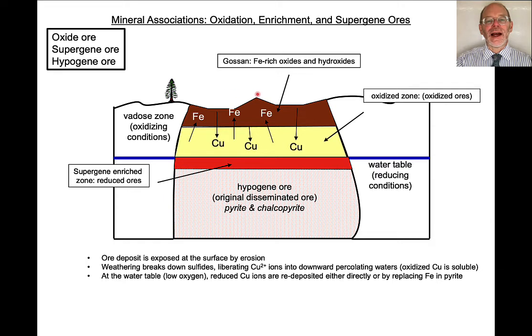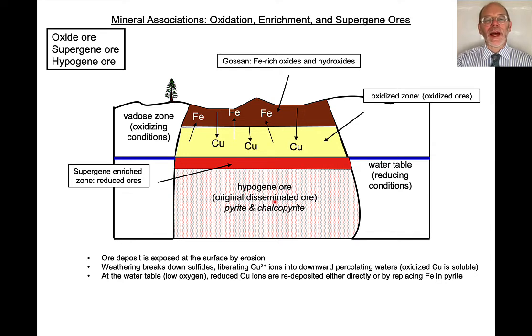So very high oxygen up here in the atmosphere, very low oxygen here in the subsurface. And usually that boundary between highly oxidizing and highly reducing is the level of the water table. So at or above the water table, the system is very oxidizing. Below the water table, conditions are very reducing.